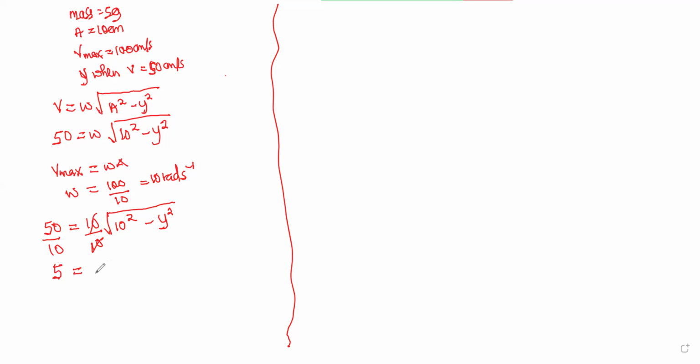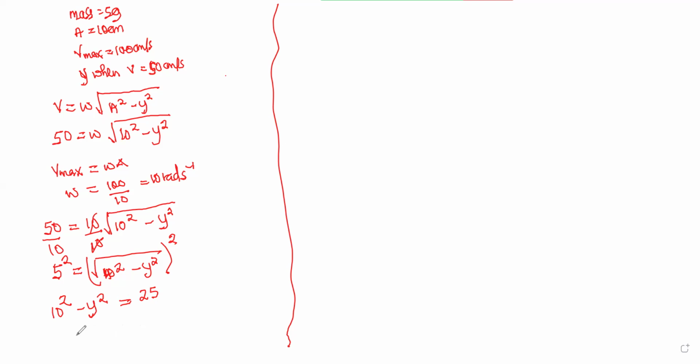When we divide through by 10, we have 5 is equal to the root of 10 squared minus y squared. Then we think of eliminating the root sign by squaring both sides of the equation. So we'll have 10 squared minus y squared is equal to 25.